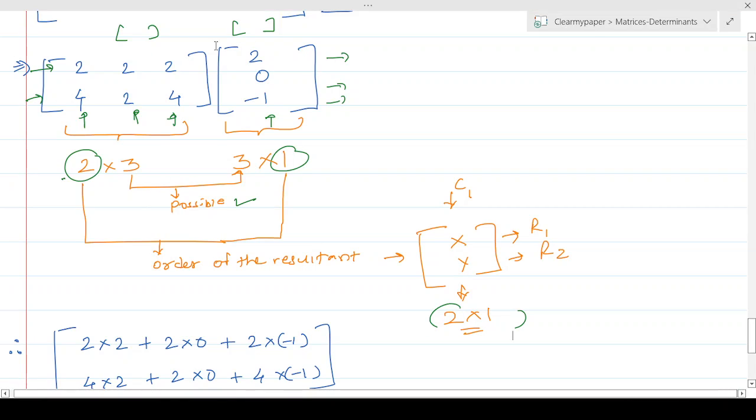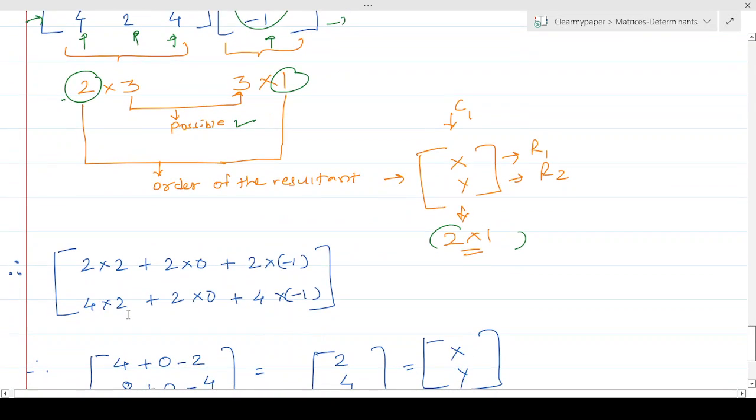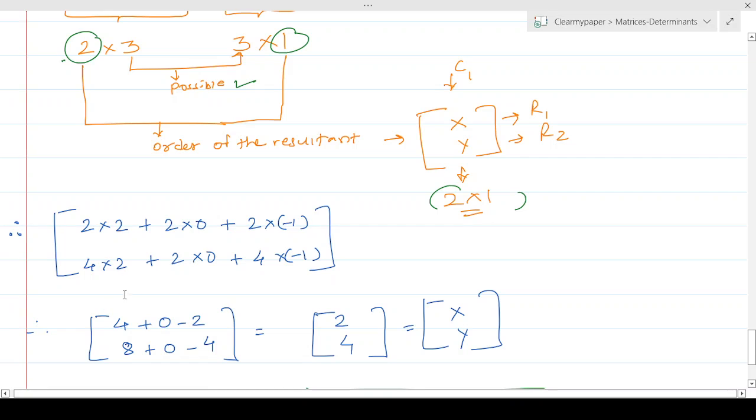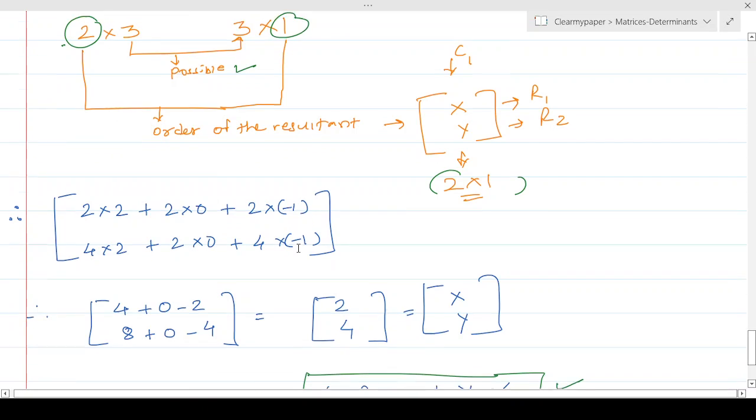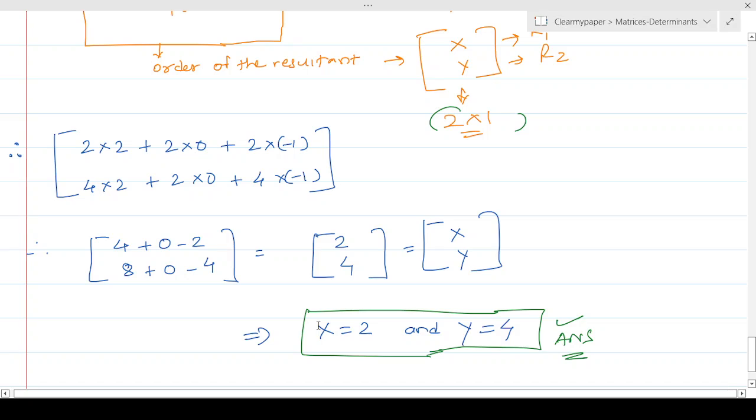Now we do a simple multiplication like I taught you. Take this 1 row, right, and apply on this, and then take this second row and apply on the same column like this over here, and do the additions properly. Be careful about the negative signs wherever it comes, and then you get an answer where you finally get the final matrix, which is a column matrix, which has got only 1 column, 2 and 4, and then output is x and y.